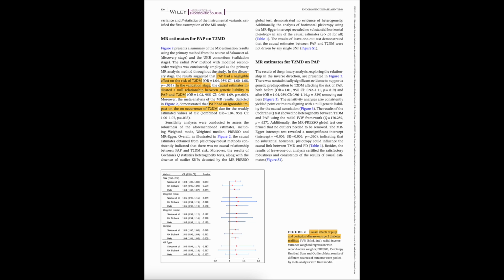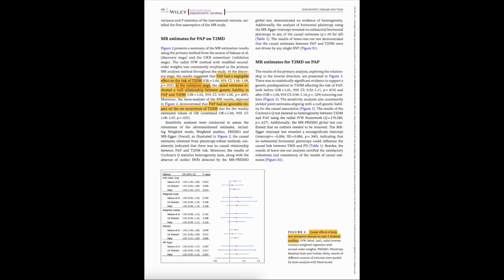On the other hand, the limitations of this paper is that it was conducted exclusively in individuals of European population, which limits the generalizability of the findings to other ethnic groups, and that the pulp and periapical diagnosis was defined based on the International Classification of Disease codes, which could lead to misclassification if the diagnosis was inaccurate.